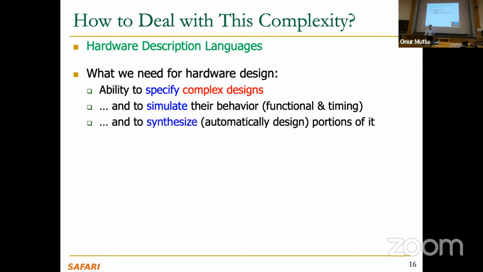And then also, we would like to have the ability to automatically synthesize, in other words, automatically design portions of it or all of it. So imagine if you specify some hardware using a description language and put it through a translator and compiler, and the compiler gives you the exact gate level implementation. That sounds great, right? Then as a hardware designer, your job is very simple. Just write the program at the language level.